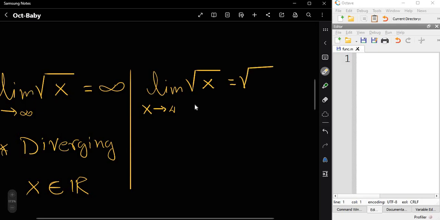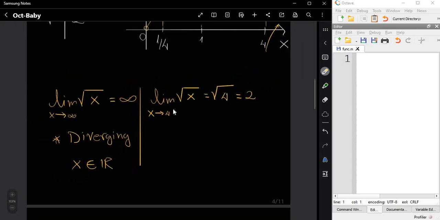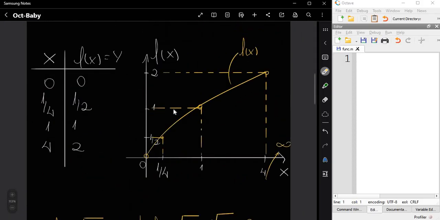So square root of 4 is equal to 2. And right here we got the proof.